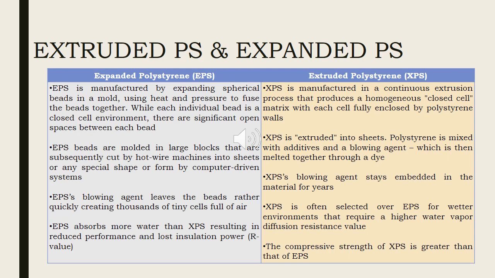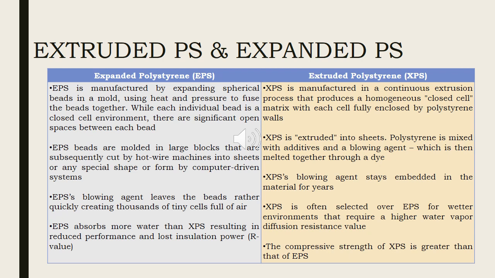It is just fusing them together by heat and pressure, whereas extruded polystyrene utilizes solid polystyrene bead and foaming agent as starting materials. Heat and pressure melt these ingredients and make a homogeneous matrix which is extruded into sheets.